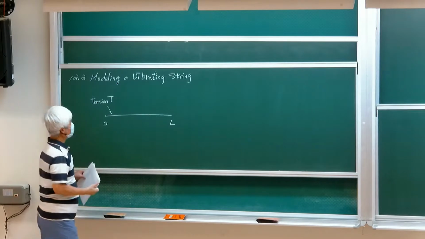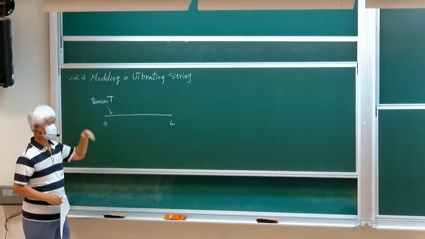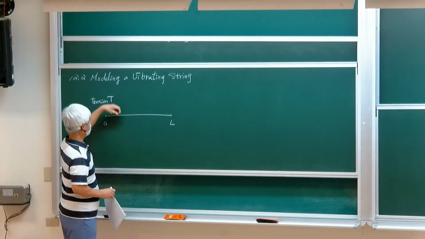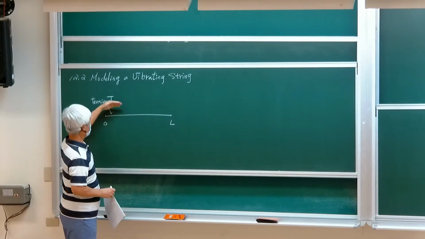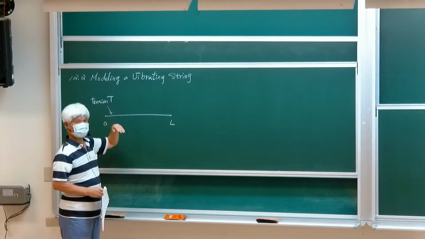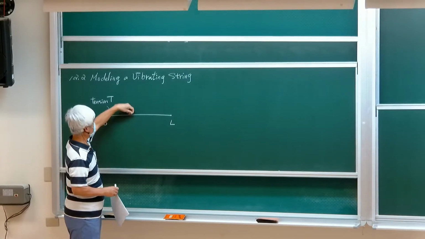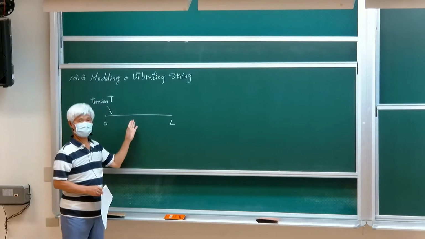We want to model the vertical motion of this string by initial deflection. We will assume that the deflection is quite small, and the motion of the string will be vertical.